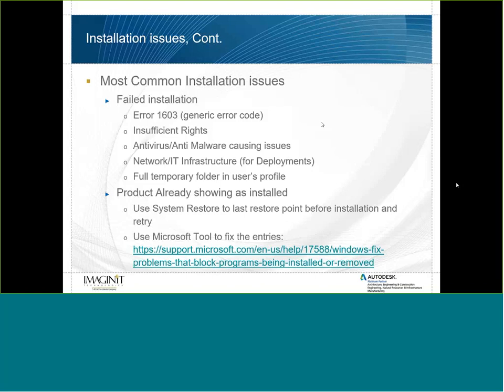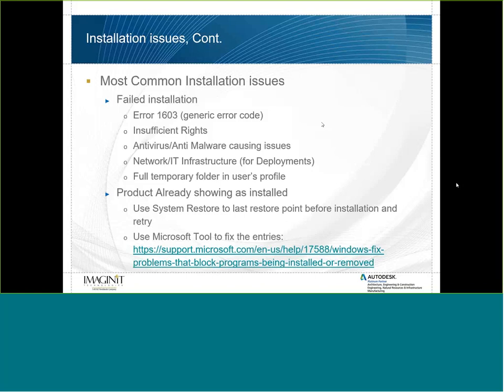If you're using a deployment image and it's causing problems, the next thing that we usually like to do is start troubleshooting to see if you've got a problem with your IT infrastructure. And then the last thing that usually is one of the most common is that the temporary folder on the user's machine, under the user's profile, is quite full.